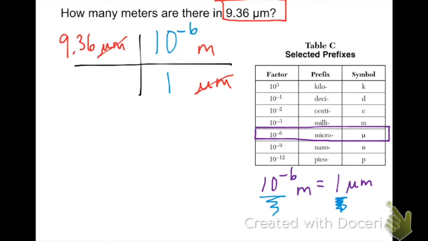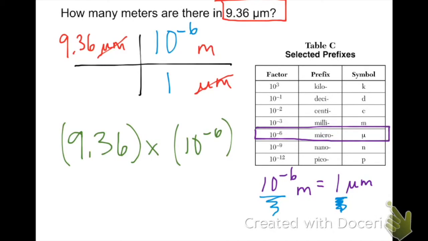So let's go ahead and do that. So we get 9.36 times, and then we multiply straight across, and our final answer is going to be 9.36 times 10 to the negative 6th meters.